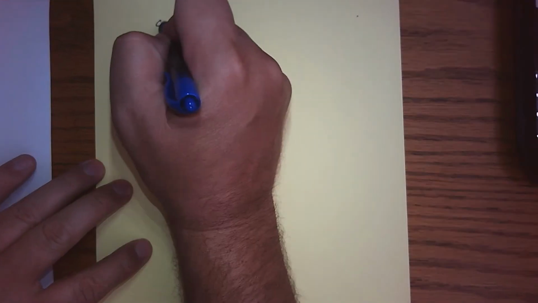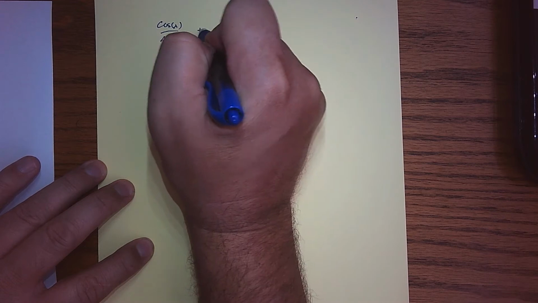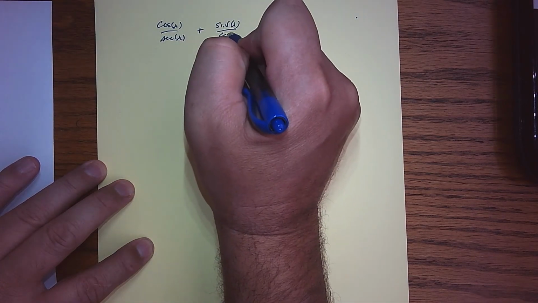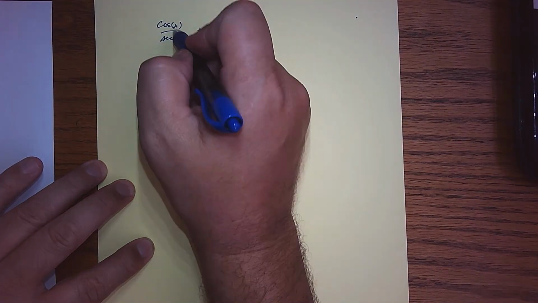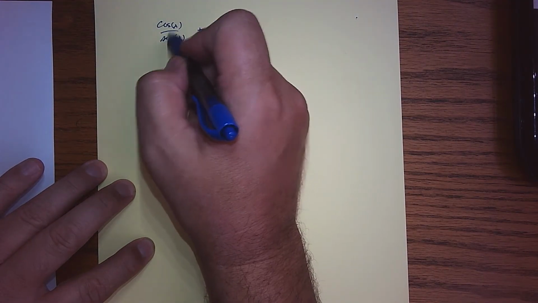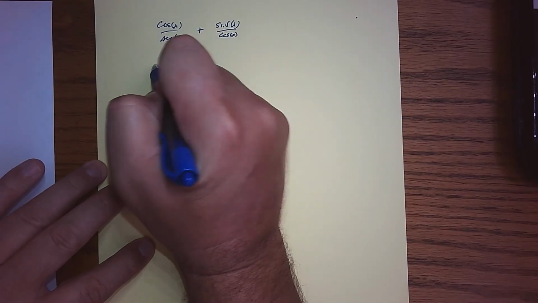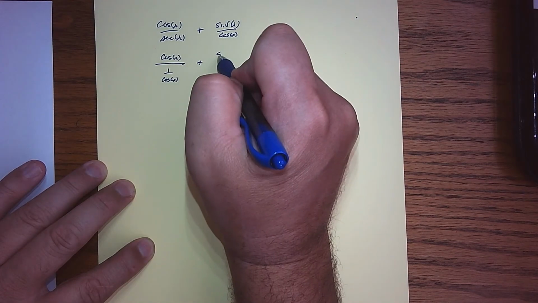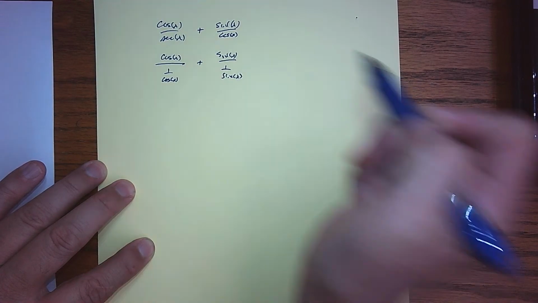So we have cosine of x over secant of x, and we're adding sine of x over cosecant of x. Okay, so now that we tried an algebra idea, why don't we just try using another trig identity? We know that secant is 1 over cosine. And over here we know that cosecant is 1 over sine.